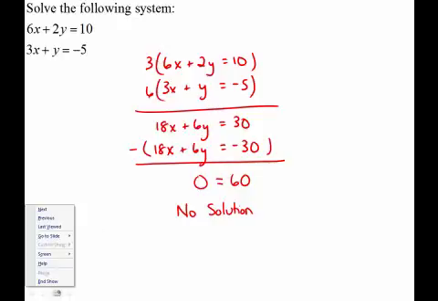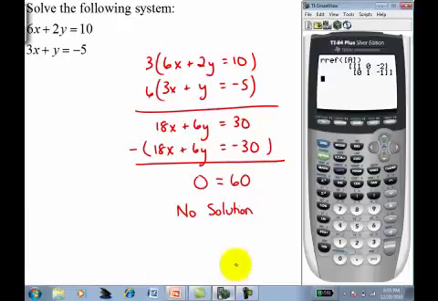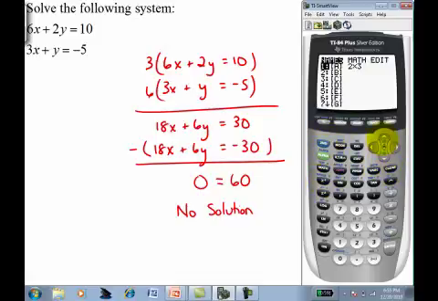Let me just show you quickly on the calculator how that actually looks if I use the matrix. And once I have the first matrix set up, I don't have to set up the 2 by 3 again. So I can just go right to the matrix itself and start typing numbers in.